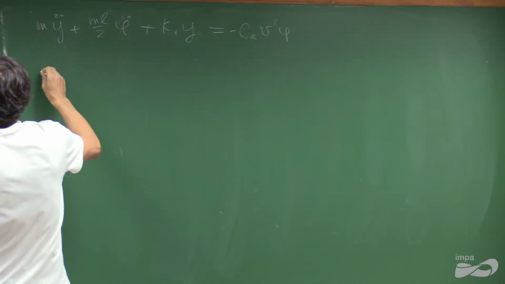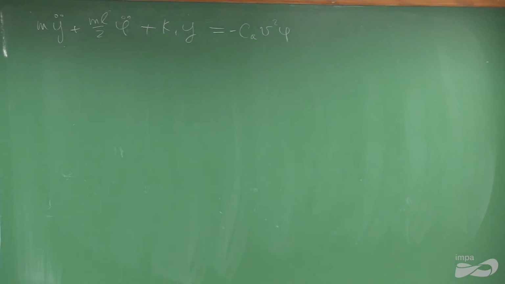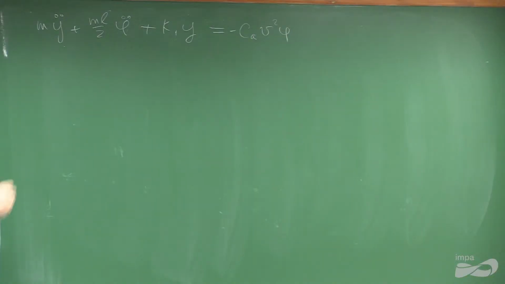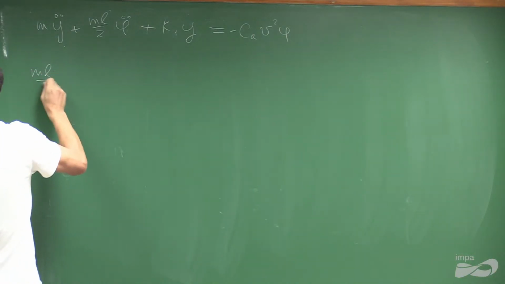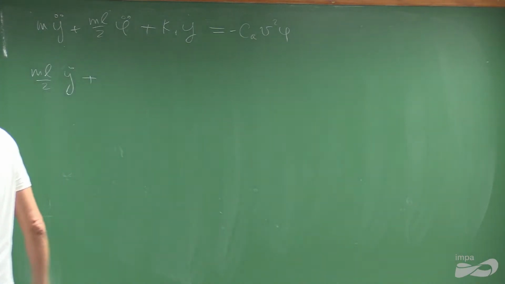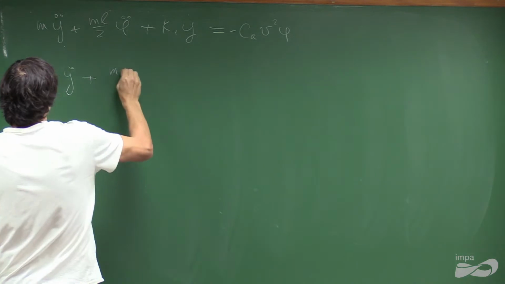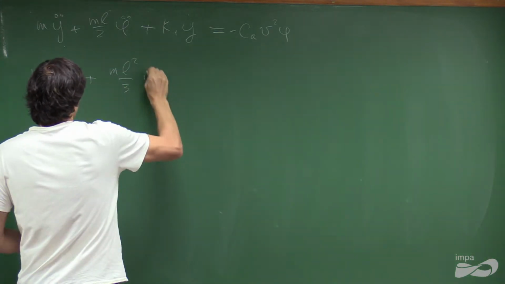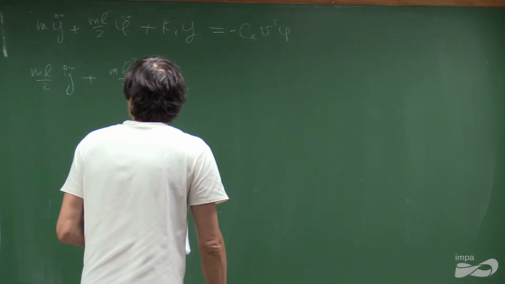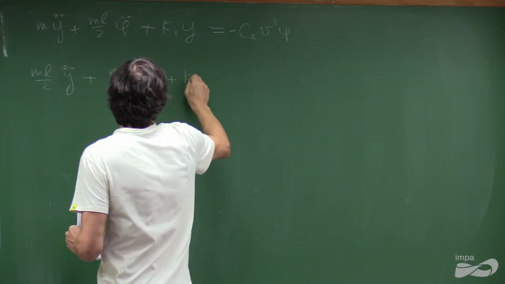So the second equation will give you, so you should differentiate with respect to phi dot. So it will be m L over 2 y dot. Then the next term m L squared over 3 phi dot, double dot, so second derivative. Then the elastic part gives you k2 phi.